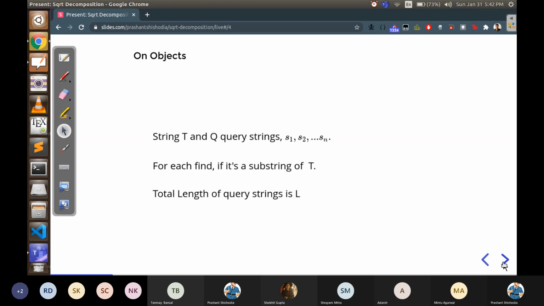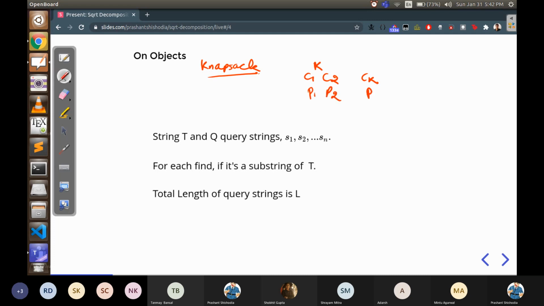Say you are asked a knapsack problem, just with the condition that each item can appear multiple times. So you have a knapsack problem where there are k items with costs C1, C2, Ck, but they can appear multiple times, P1, P2, Pk, and each has a value V1, V2, Vk.